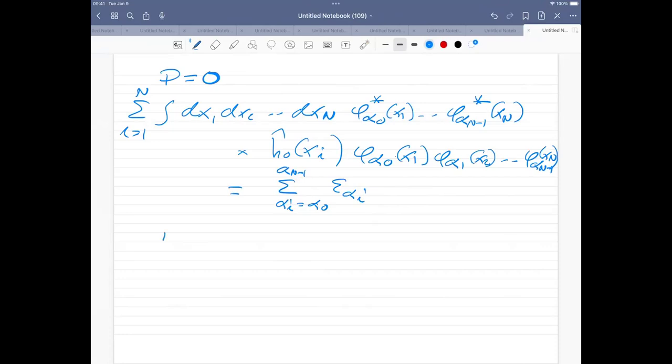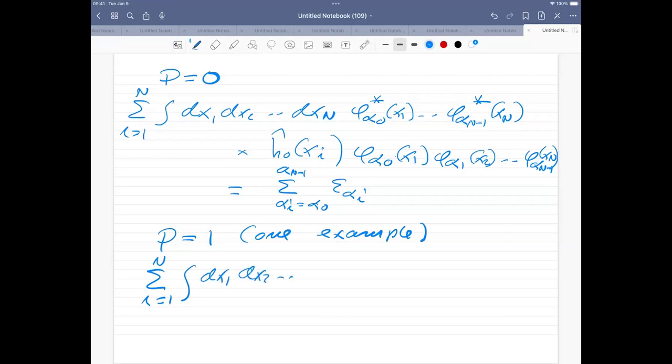Now, if we do P equal to 1, what we could have as a possibility is the sum of all the cases where we just interchange two particles. And then we can interchange 3, 4, 5, etc., all the possible permutations. If I do that, one example could be dx1, dx2 up to dxn.